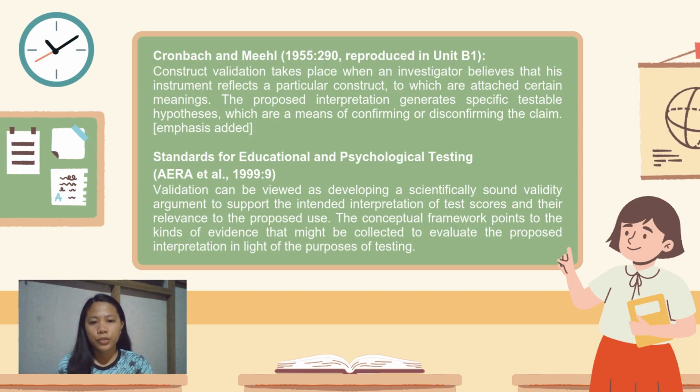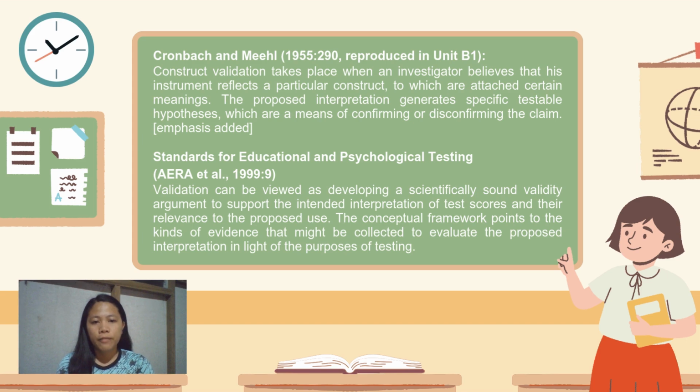Standards for Educational and Psychological Testing, AERA et al., 1999, 9: Validation can be viewed as developing a scientifically sound validity argument to support the intended interpretation of test scores and their relevance to the proposed use.